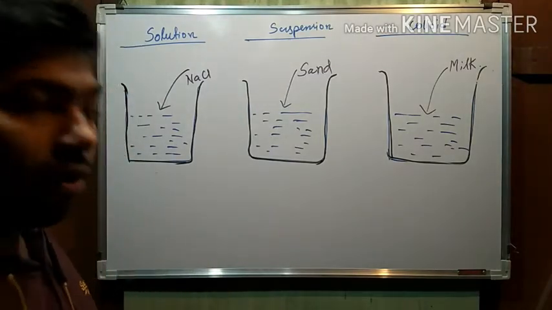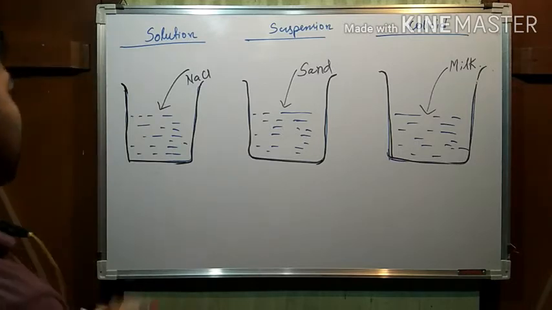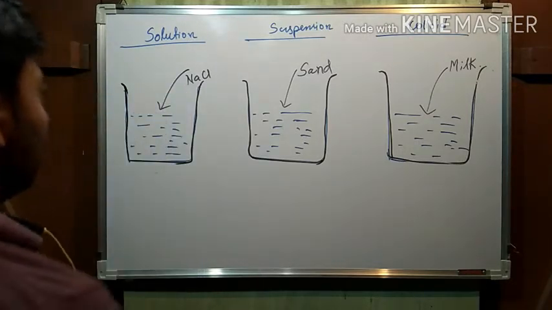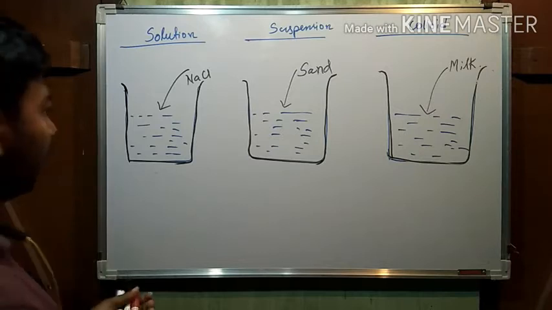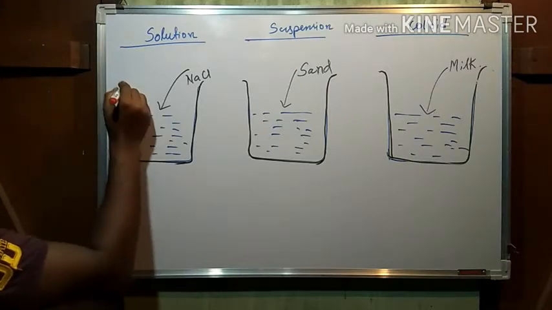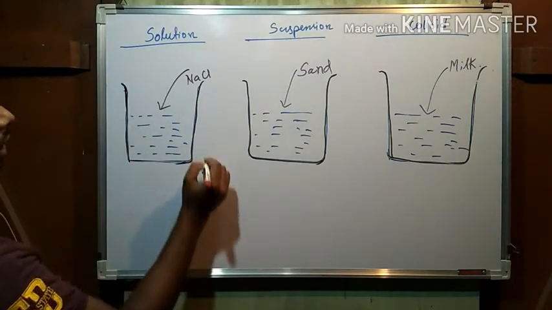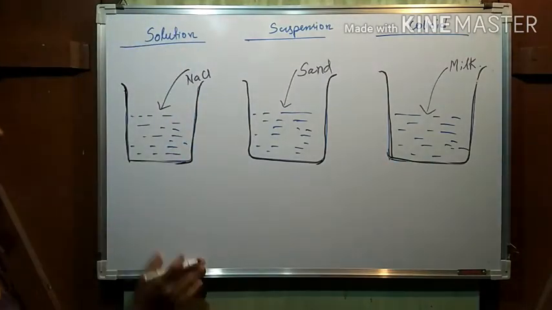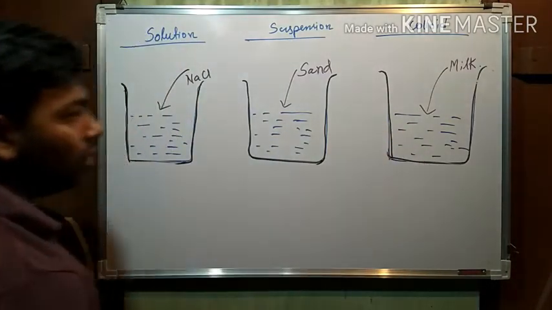Okay, now what do you mean by homogeneous? Let us take an example. Suppose here are 3 similar beakers, in each beaker we are taking lots of water.